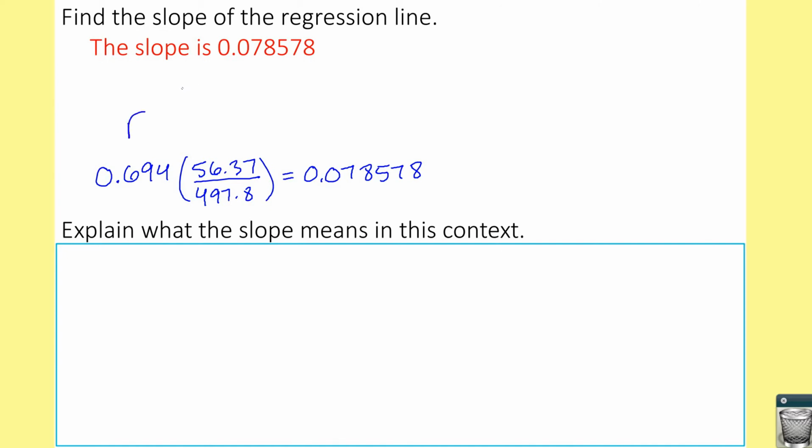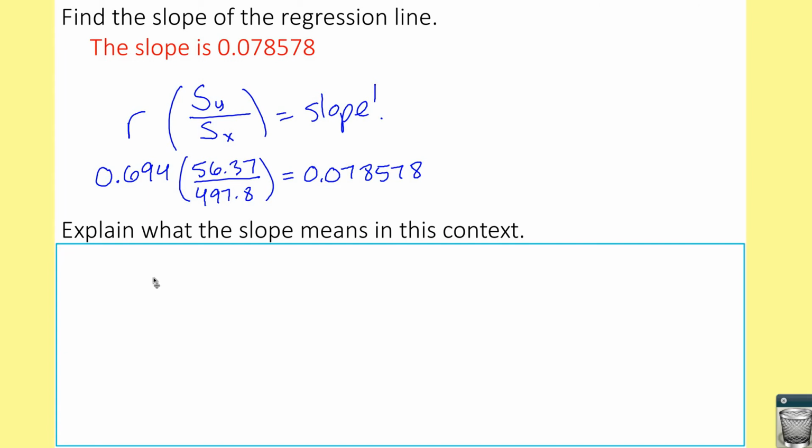So R times the standard deviation of Y over the standard deviation of X. Okay, so that is your slope. So we took our R value, standard deviation of Y over the standard deviation of X, because, right, rise over run.